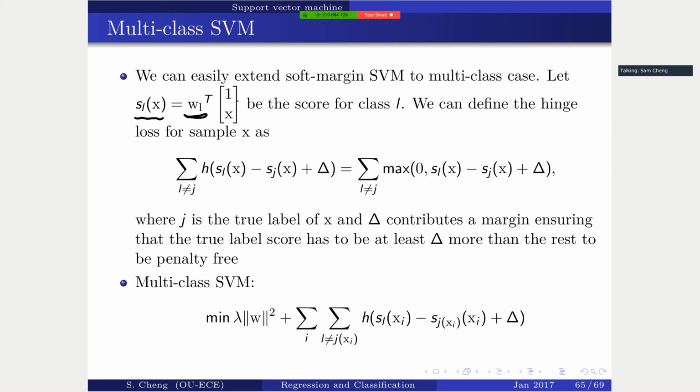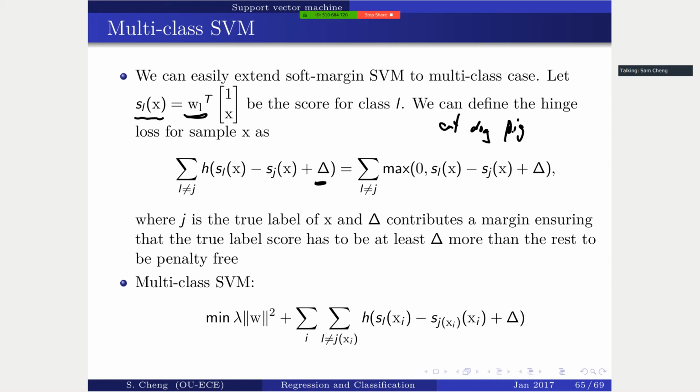estimated class. And you also want the score for the right class, let's say I have a cat, dog, and pig, three classes, and if the ground truth is a cat, then I hope the score of the cat class is higher than both dog and pig by some margin, let's say some margin delta.